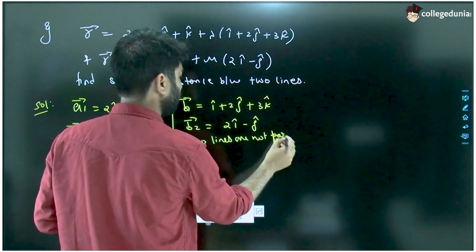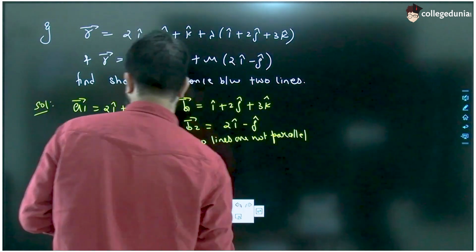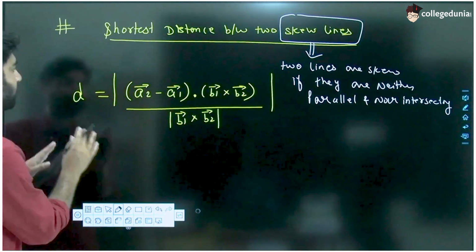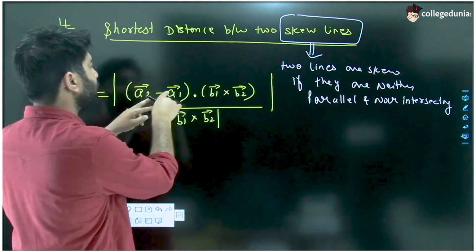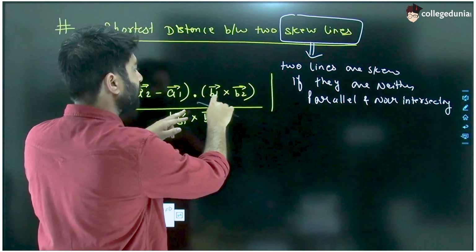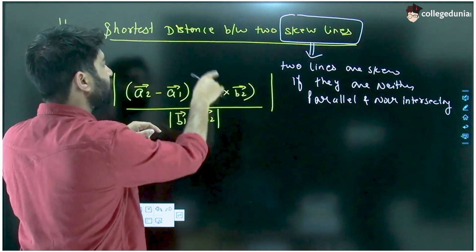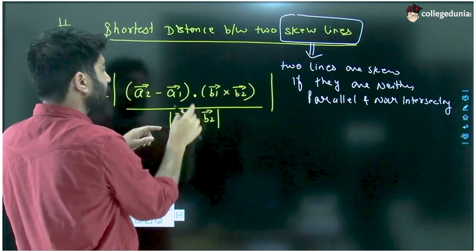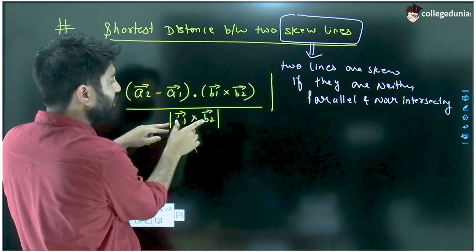Okay, so now guys, according to this formula we should have a2 minus a1, then we need b1 cross b2, then we need the dot product of these two vectors, and then we have to find the magnitude of b1 cross b2.